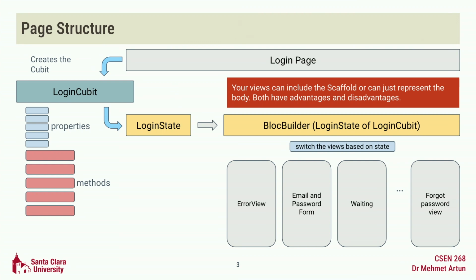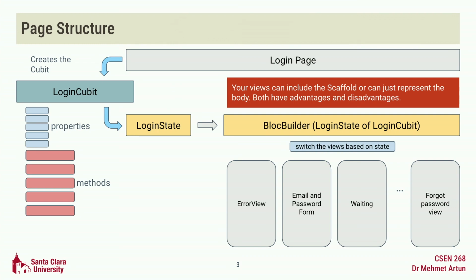Then, when the Cubit initially comes in, it emits a login state, and it goes to a widget called BlocBuilder, okay? And BlocBuilder sits pretty much, it could sit above your scaffold or below your scaffold.